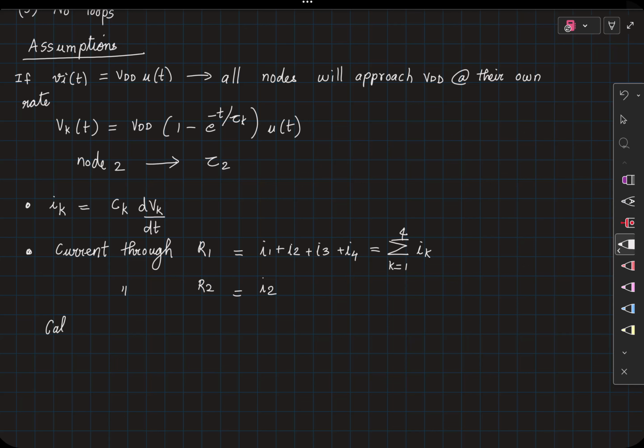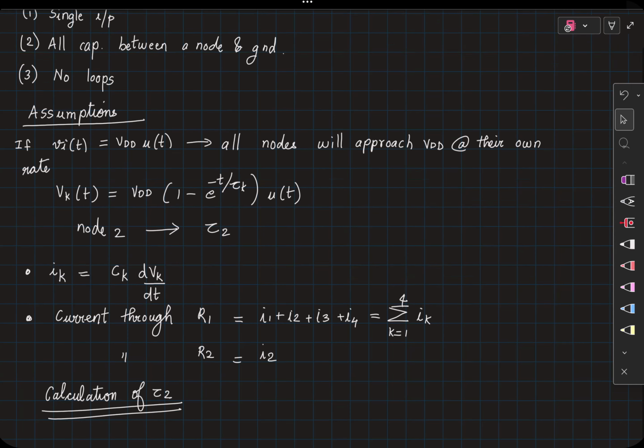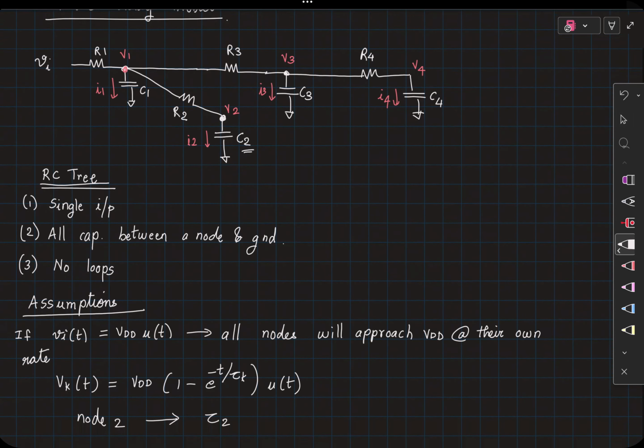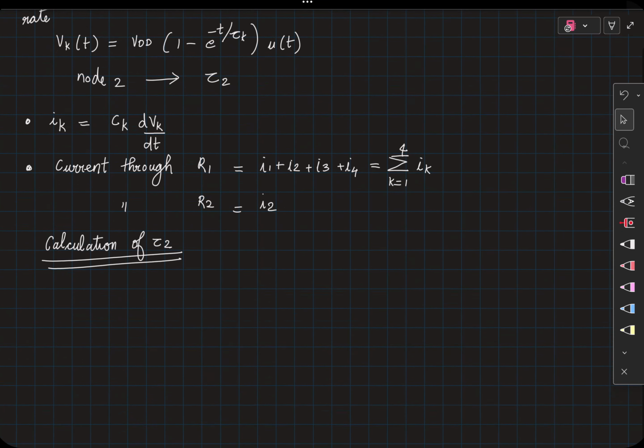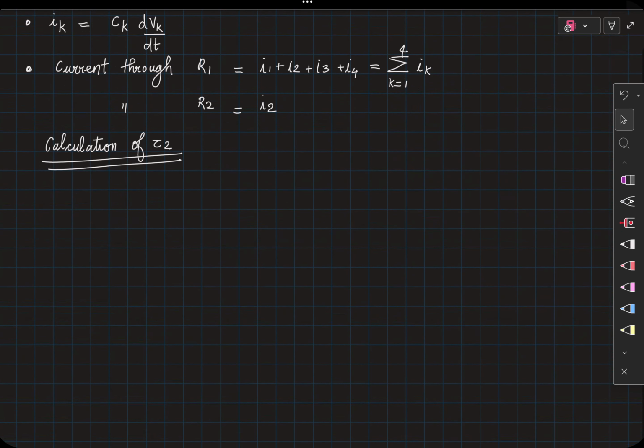Now let us, based on all of these assumptions and the values we have written out, calculate tau 2, which is the Elmore delay that is associated with the node V2. So I'm going to write an expression for V2 of t.